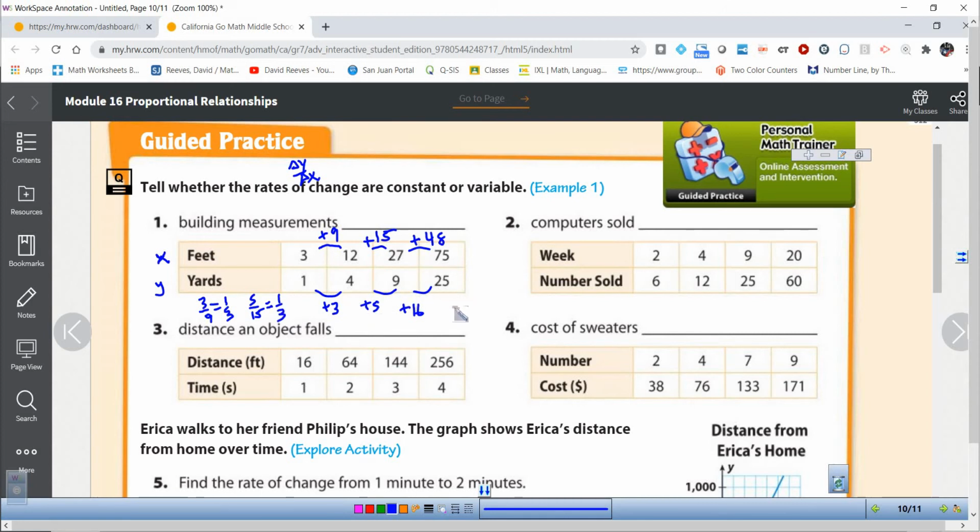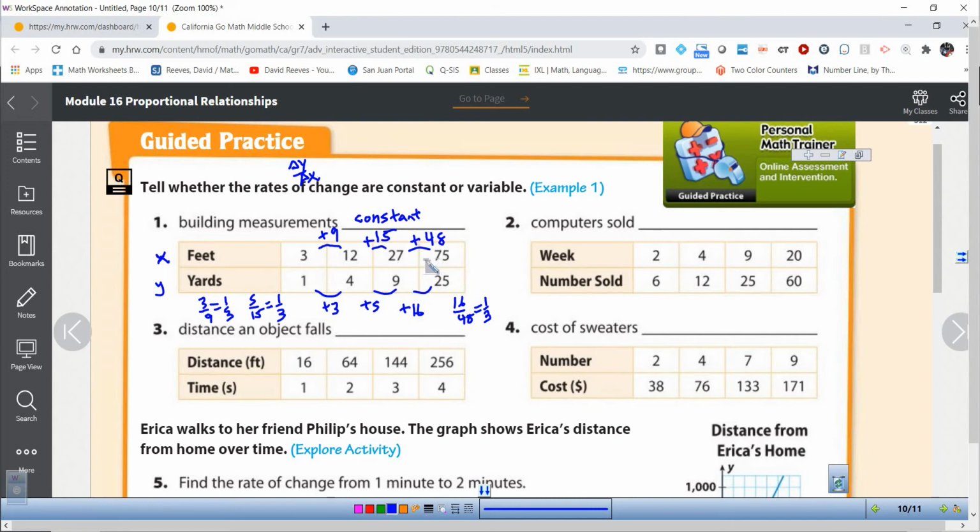And then the last one, I'm going to do 16 over 48, and surprise, surprise, that simplifies to 1/3. Therefore, this is a constant. And by the way, if it is a proportional relationship, I will get that same result by dividing simply y over x. If I do that, 1 over 3, 1 over 3, 1 over 3, and 1 over 3.